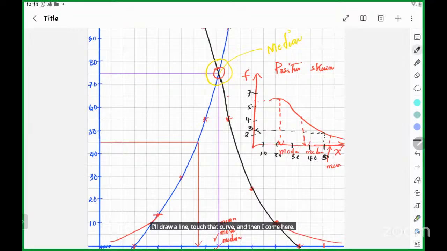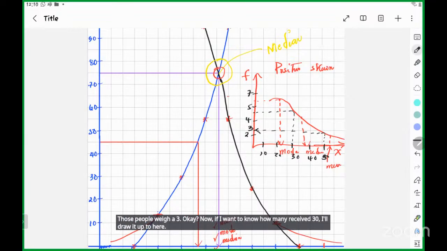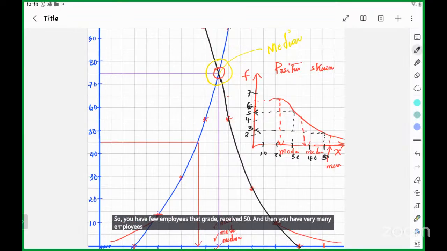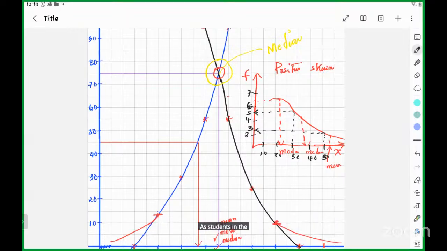Those people were 3. Now, if I want to know how many received 30, I'll draw up to here. Let the curve come here. This is 6. So this would be 5. So you have few employees that received 50. And then you have very many employees receiving only 30 each. A skewness in the payments. I don't know if you get me.